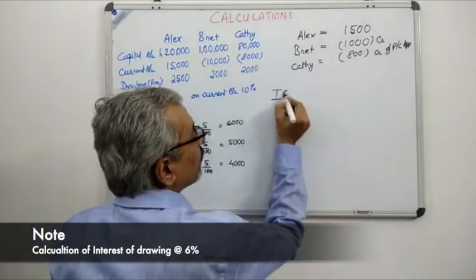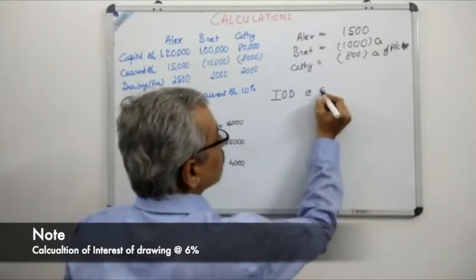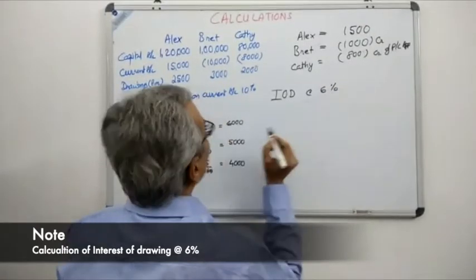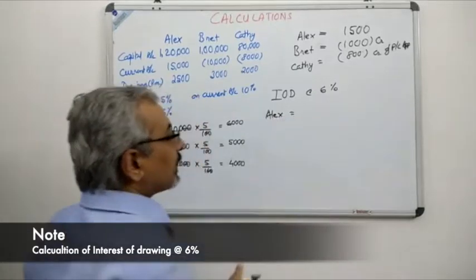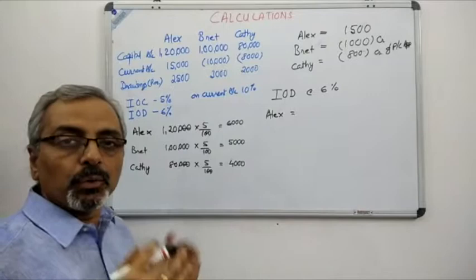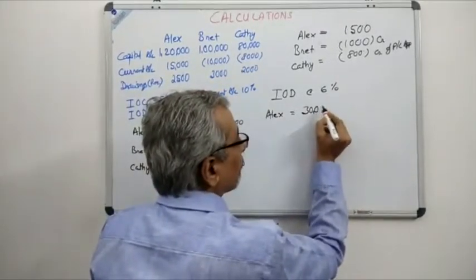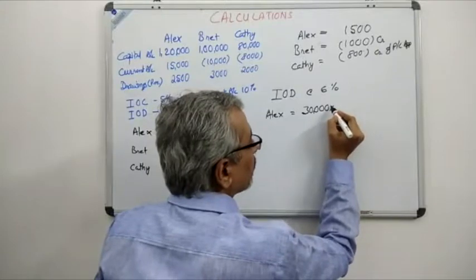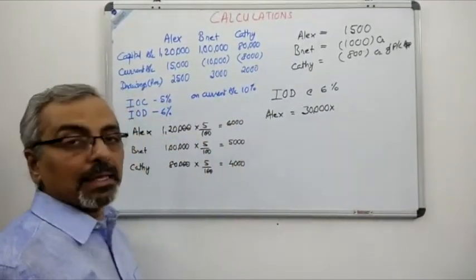We'll now calculate interest on drawing at 6% which is provided to us. Let us start with the first partner, Alex. So Alex has drawn how much? 2,500 into 12, that gives you 30,000. 30,000 is the total amount of money drawn by Alex.